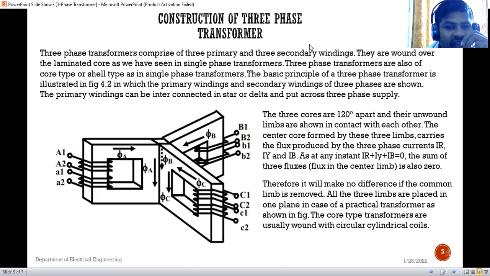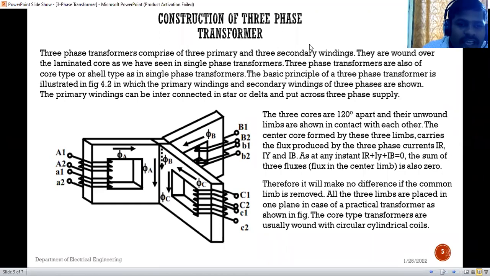Primary winding can be interconnected in star, and secondary winding can be connected in delta also. डेल्टा मध्ये किंवा स्टार मध्ये आपण कनेक्ट करू शकतो. According to that, connections of three-phase transformer are star delta, delta star, star zigzag star, delta zigzag delta. We already discussed that in the unit content. So we will discuss that point later.